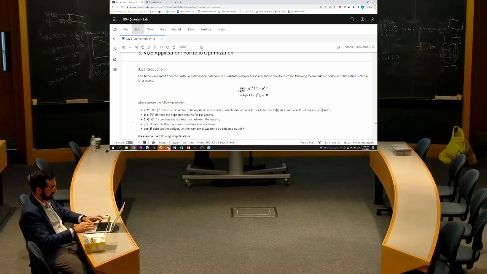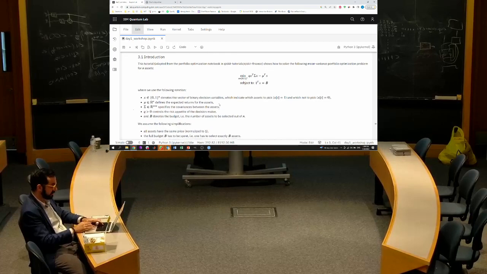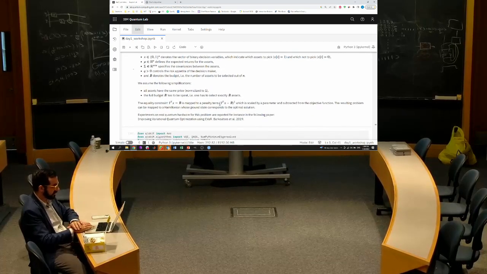So basically this is the description of the problem, right? You want to minimize the difference between your variance and your expected return, and you have a constraint that you can only buy a certain amount of stocks. You cannot invest in all the stocks there.